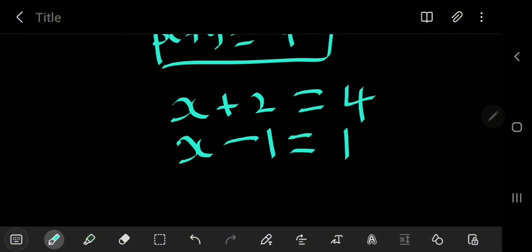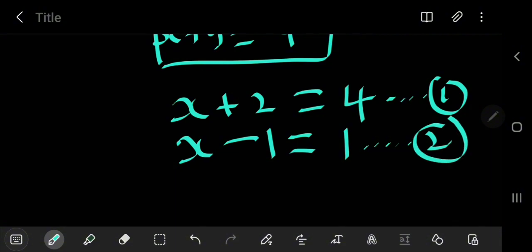Now what this is saying is that these two equations have the same answer. Whatever x is in the first equation is also what x is in the second equation. Why? Because they are simultaneous. That means they happened together, they are related.